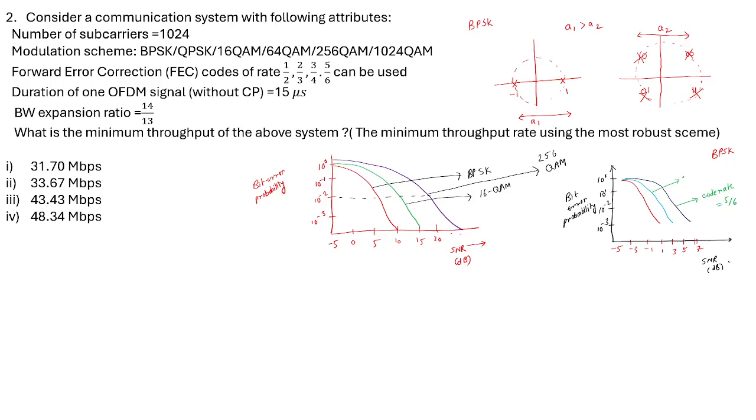This one corresponds to a code rate of 3 by 4. That means every 3 data bits you are adding 1. And here the code rate we are fixing to be 1 by 2. That is, for every data bit you are adding one redundancy bit.